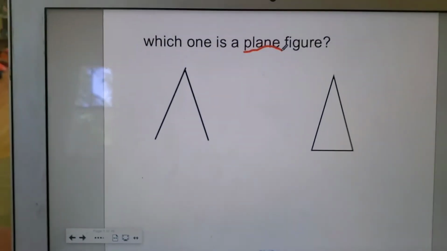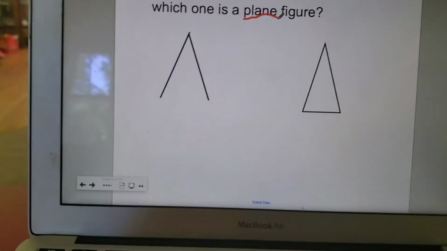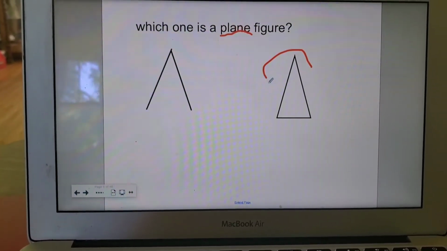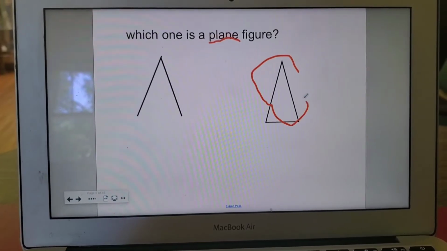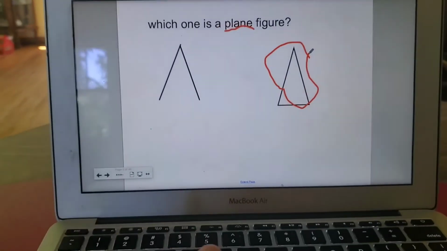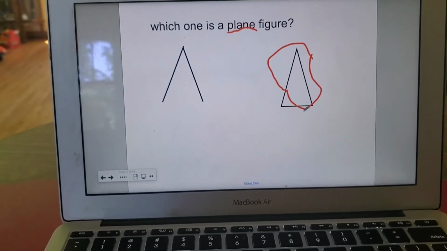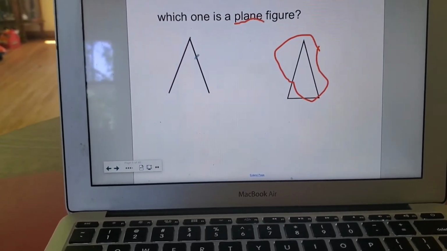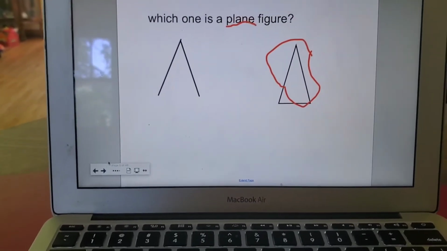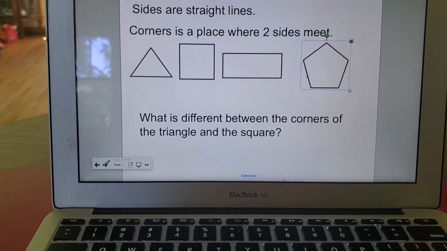So now let's look at which one is a plane figure? You're right. It's this one. Oh, I can't draw today, friends. This triangle is a closed and plane figure. This one is an open figure. You guys are doing awesome at this.